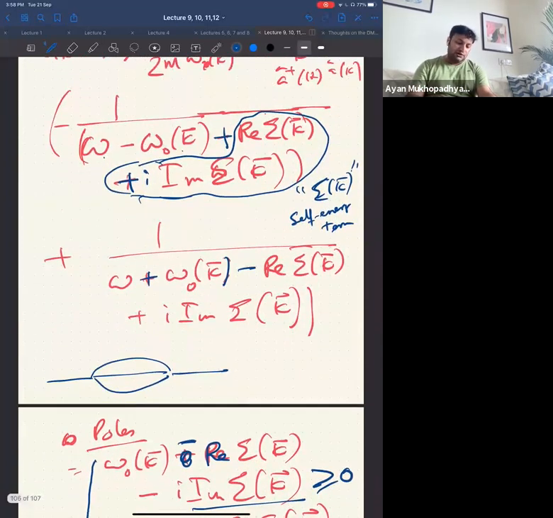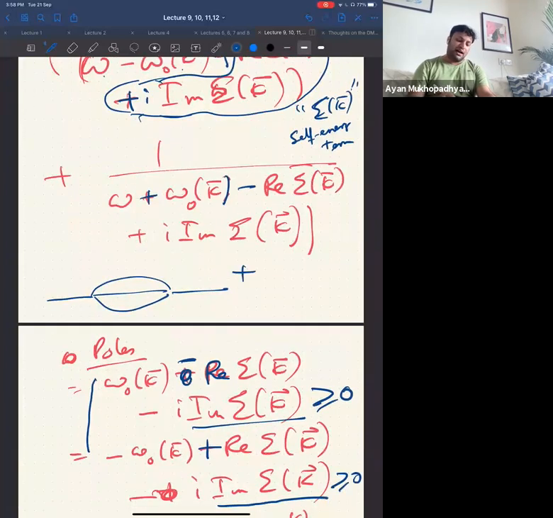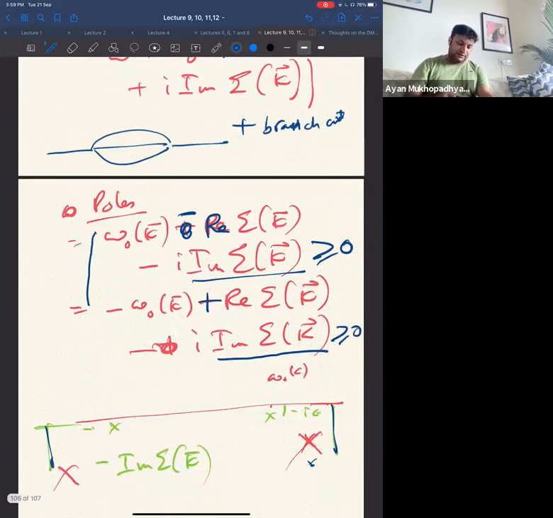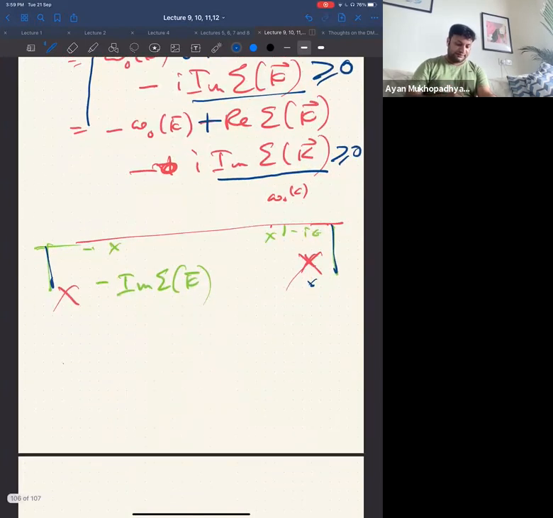But this will not be all. You also expect some other contributions, and essentially the other contribution comes not from poles but from collective excitations, from multi-particle excitations plus branch cuts. So the general structure is as follows.